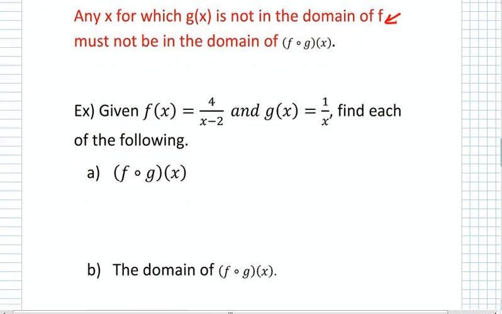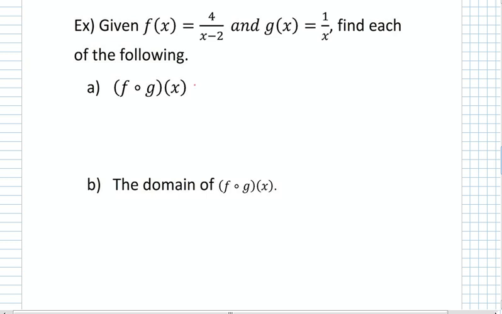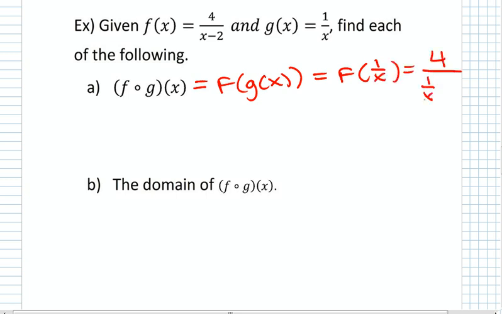So let's do an example here to show you what I'm talking about. So here we're going to find f of g of x. So basically, I substitute in the g of x. So I go 4 over 1 over x, because that's what I'll put here where I see the x, minus 2. Now I got to get a common denominator.